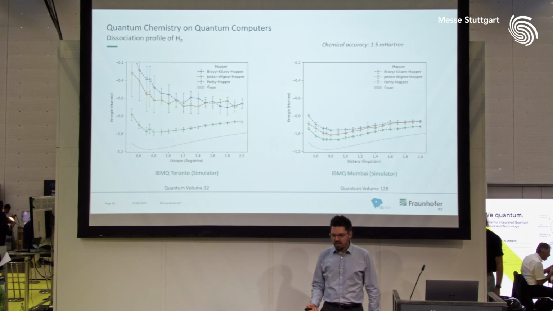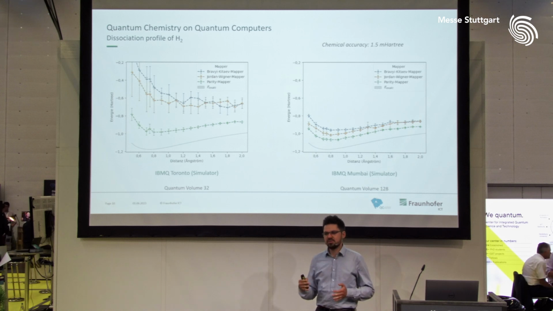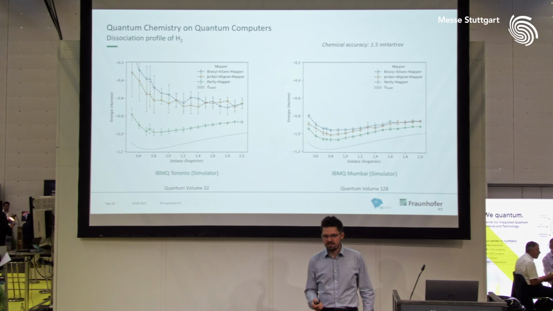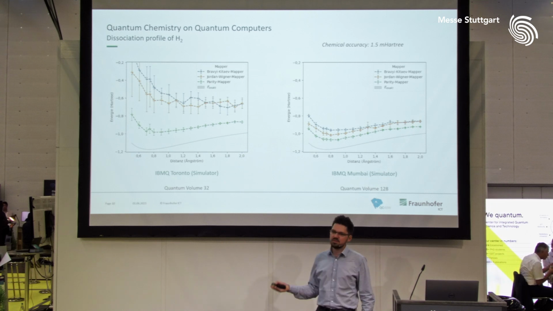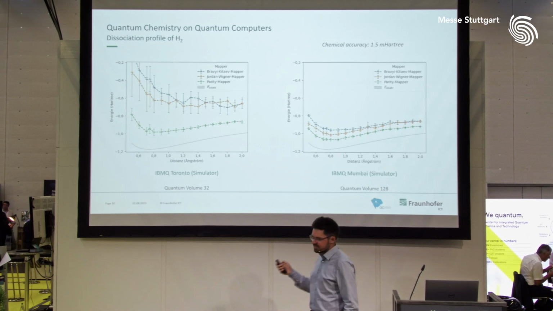So you can see those are the results if you calculate it in a quite naive way. And depending on which parameters you tune, which mapper you use, which ansatz, you can go quite close to the exact energy which is here printed in gray.